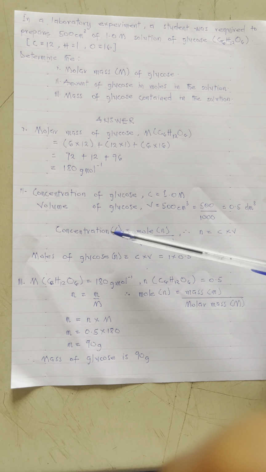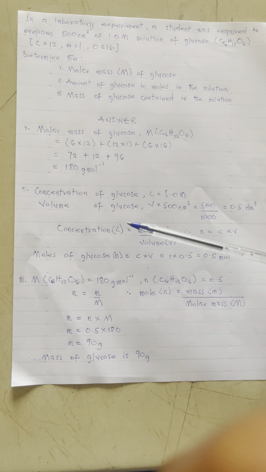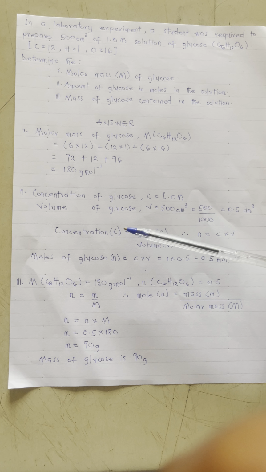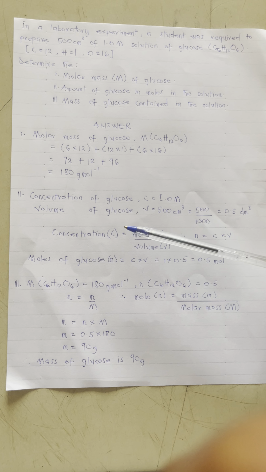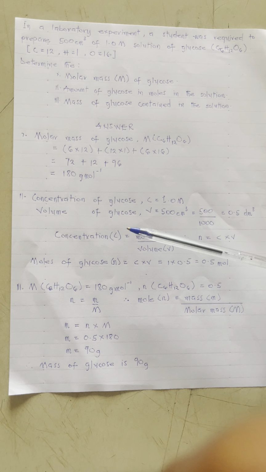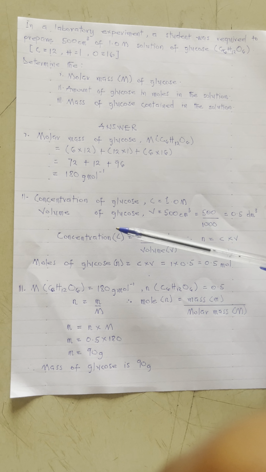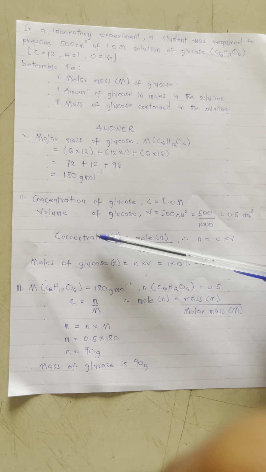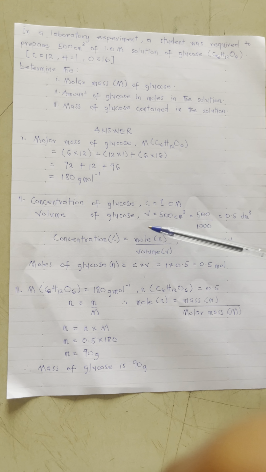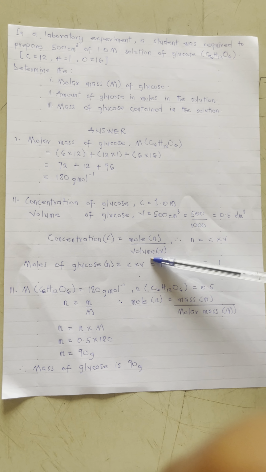Therefore, from our concentration, we know that concentration can be defined as number of moles dissolved in 1 dm³ of a solution, or the amount of substance dissolved in 1 dm³ of a solution. From that definition, we can say concentration is equal to mole over volume. All right.